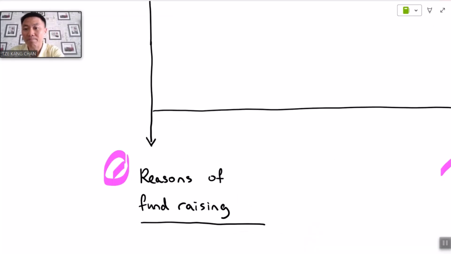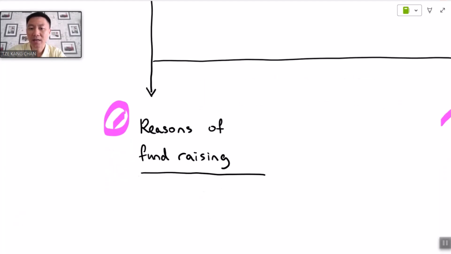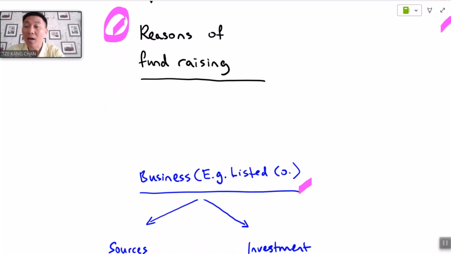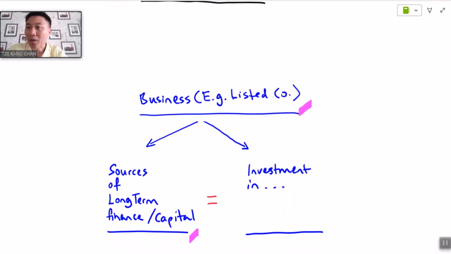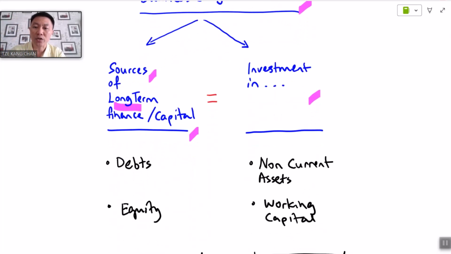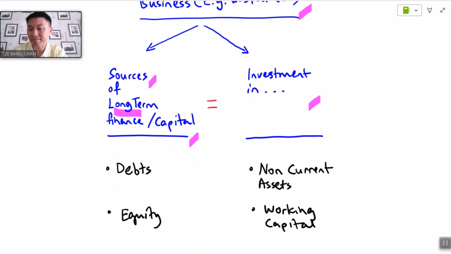Let's start with the reasons for businesses raising financing. Try to imagine a business, for example a listed company. It is common to expect, from time to time, sources of financing, in particular long-term financing, or in simple terms capital, to be raised for a series of investing activities.